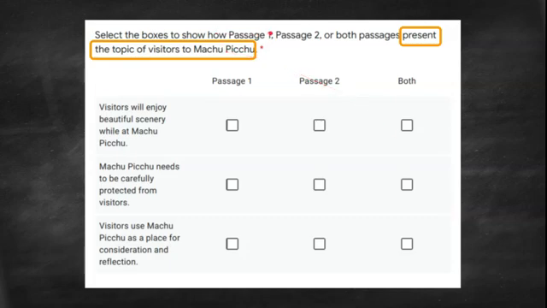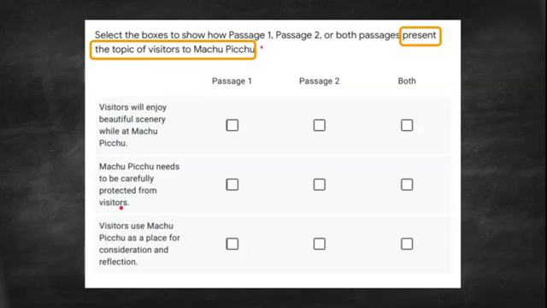So select the boxes to show how passage one, two, or both present the topic of visitors to Machu Picchu. Okay. So the fact that visitors will enjoy the beautiful scenery while at Machu Picchu, did you guess both? Because that is correct. Both of them talk about that. Okay. Now, how about this one?